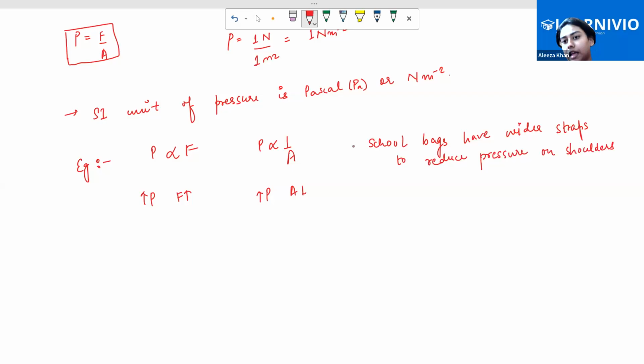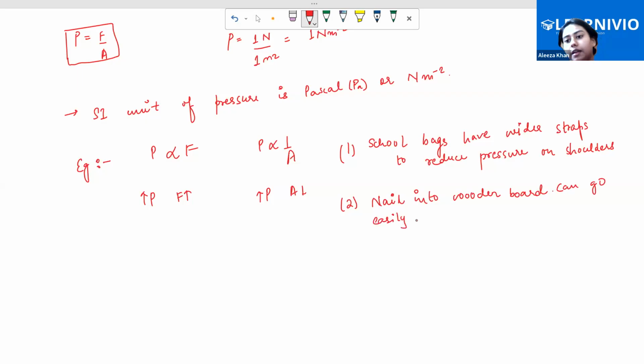Okay. Another example is about the nail. Do you know the nail? Yes, ma'am. A nail has a pointed end. So whenever you insert that nail into a wall, a nail in a wooden board can go in easily.